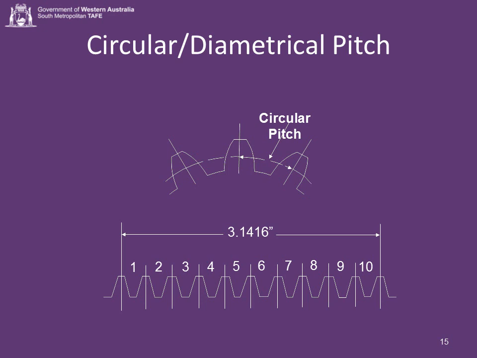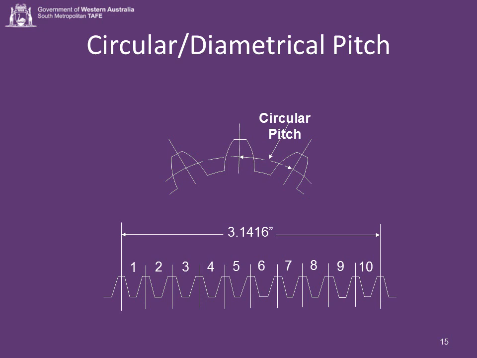It designates the size and proportion of gear teeth by specifying the number of teeth in a gear for each inch of the gear's pitch diameter. It's most common to still use inches when calculating gear pitch.